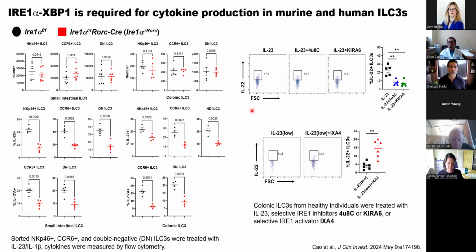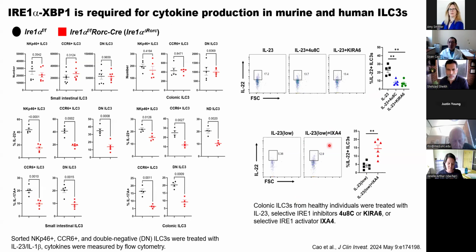I also isolated ILC3s from colonic biopsies from healthy individuals who came in for screening colonoscopy. I treated those cells with IL-23 to induce the cytokines, and also the IRE1 inhibitors 4U8C and KIRA6. Here you can see the co-treatment with either IRE1 inhibitor significantly suppressed the expression of IL-22 in ILC3s.